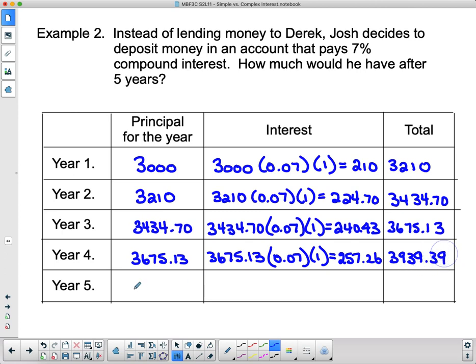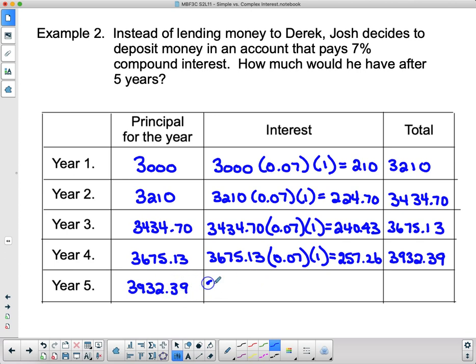One last calculation. We're starting with $3,932.39. Oh, that should have been a 2. I'm pretty sure I said 2, but I wrote 9. $3,932.39. And down here, $3,932.39.